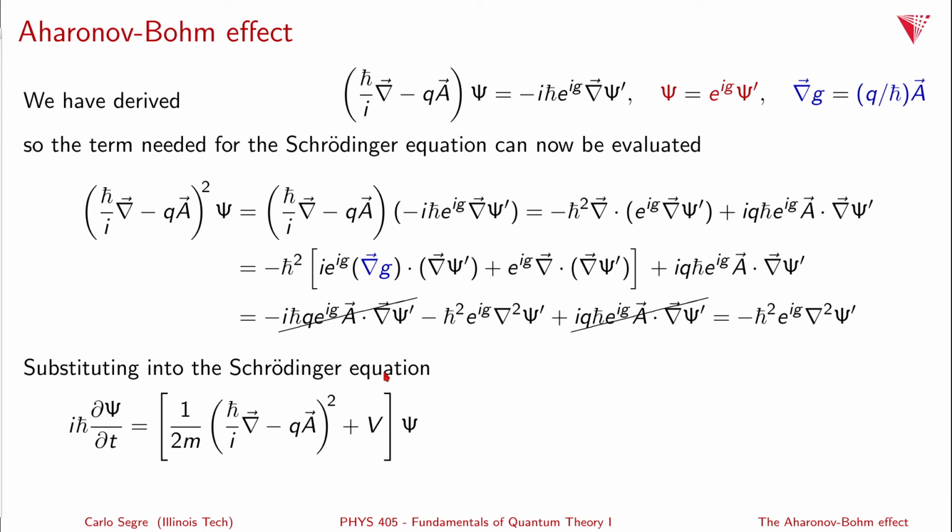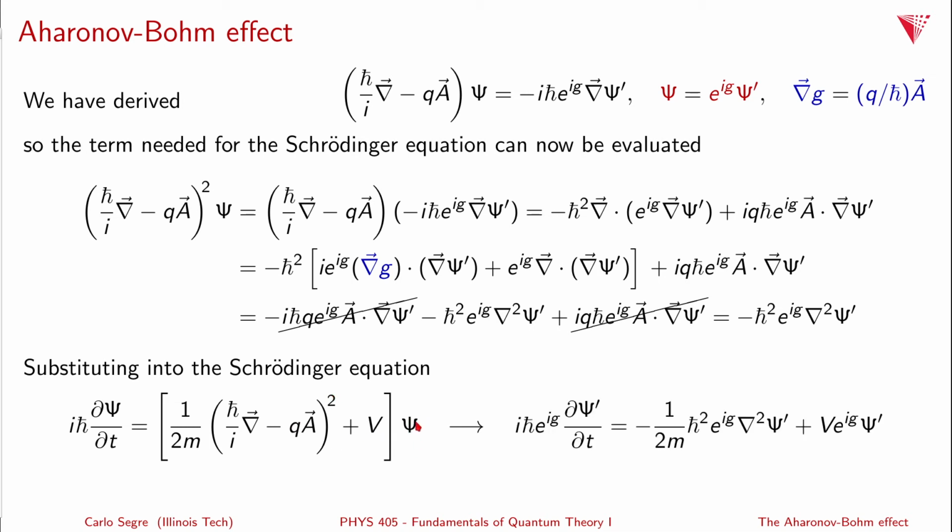So now if I put it all together, I start with i h bar partial with respect to t of psi is equal to 1 over 2m h bar over i del minus qa quantity squared plus v psi.